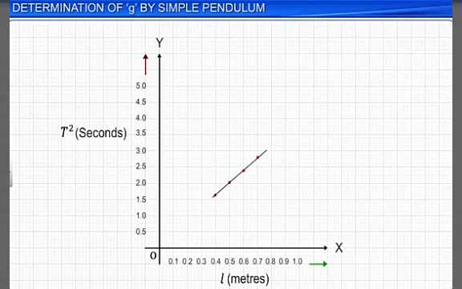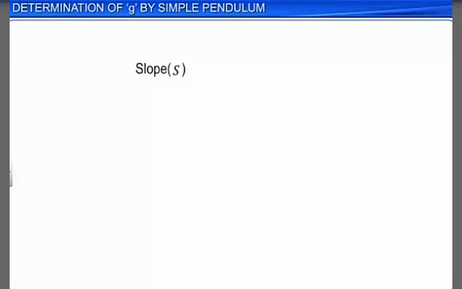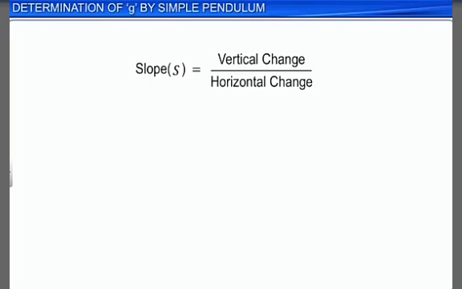This straight line shows there is a linear relationship between L and t square. The slope of this straight line is given by S is equal to vertical change upon horizontal change. It can be written as S is equal to t square upon L. Let this be equation 2.